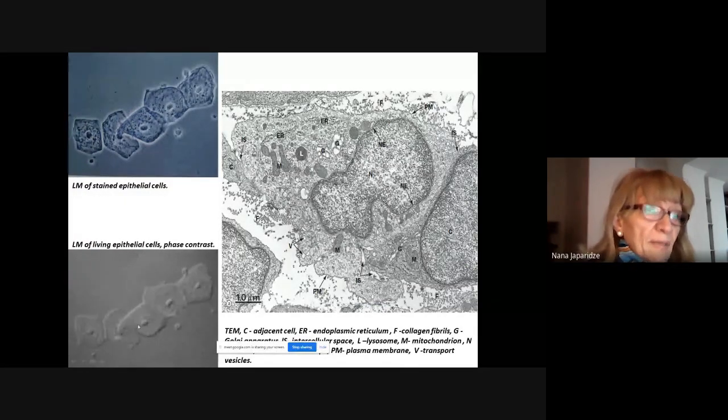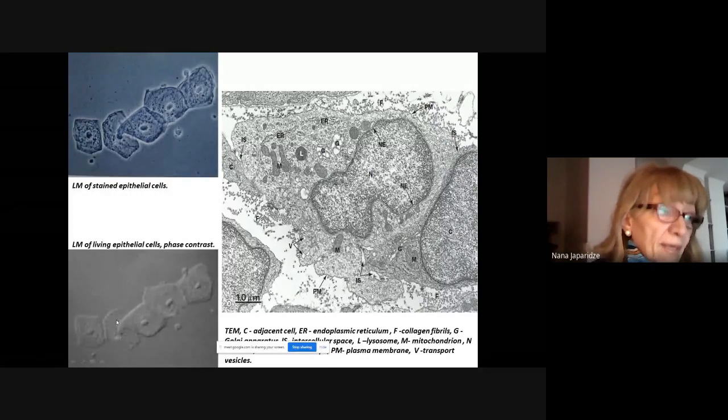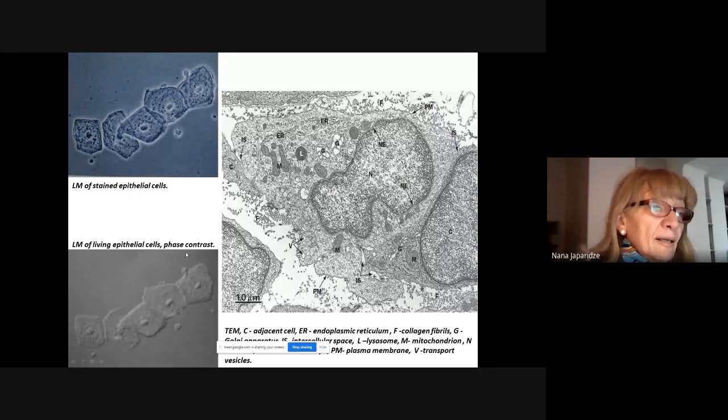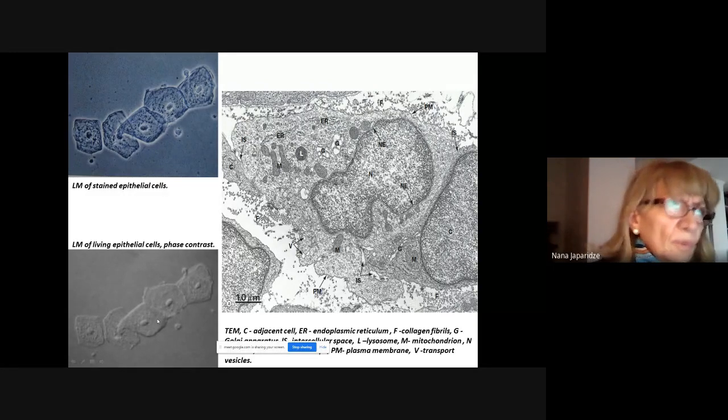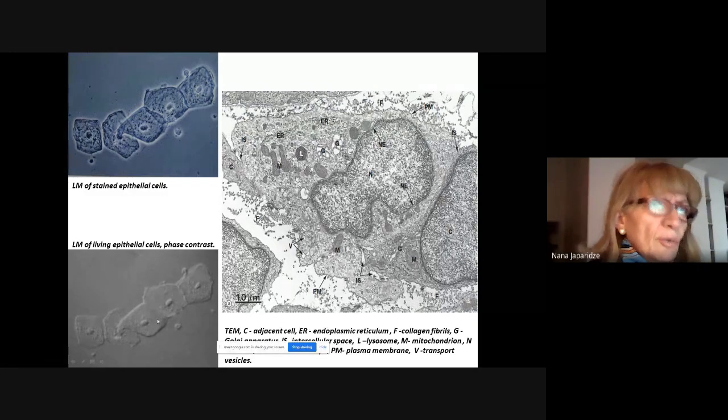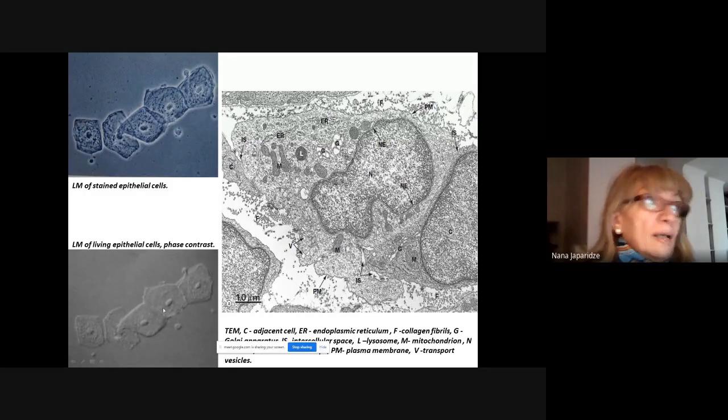But at the same time, you can see they are alive, and they are prepared via the method of tissue culture or cell culture. Do you know what tissue or cell culture means? It means that we maintain and observe live cells in artificial conditions.